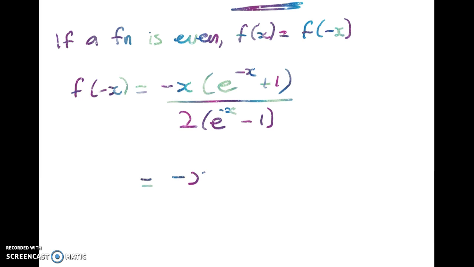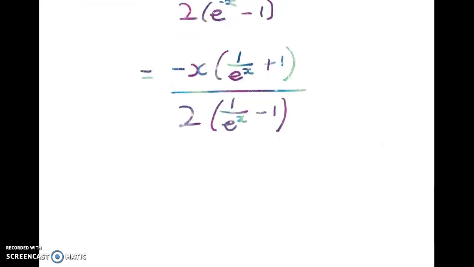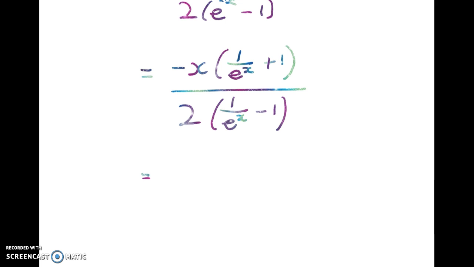We're going to have in the numerator negative x times 1 over e to the x plus 1. And in the denominator, we're going to have 2 times 1 over e to the x minus 1. We need to get common denominators for both of those, but you can see that it's starting to look promising.